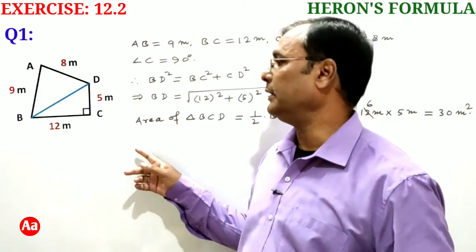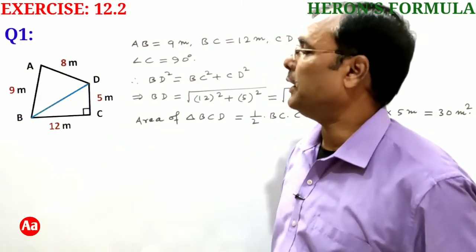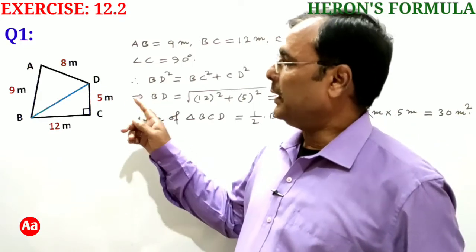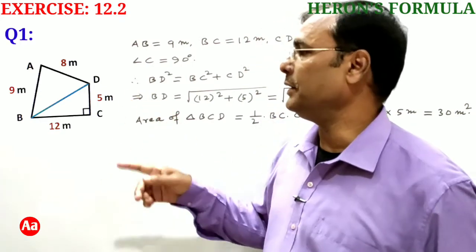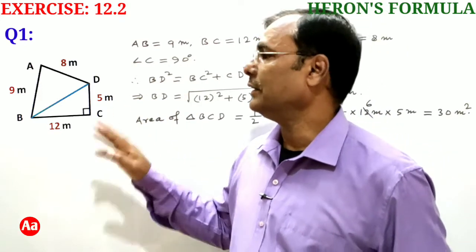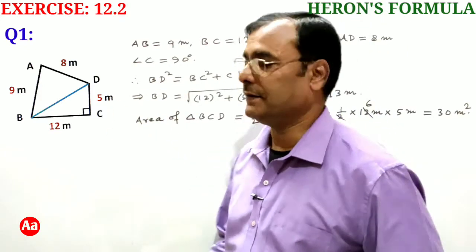Now we have to find the area of the triangular part of the park ABD using Heron's formula, because AB, BD and AD are different sides.